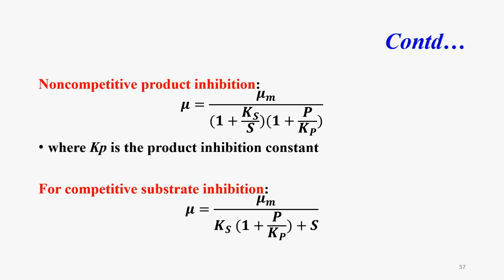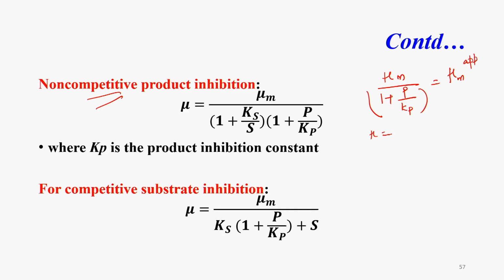As we have already discussed, in case of non-competitive, mu max will be reduced. How will it be reduced? Mu max divided by 1 plus P upon Kp. You can write this as mu max apparent.